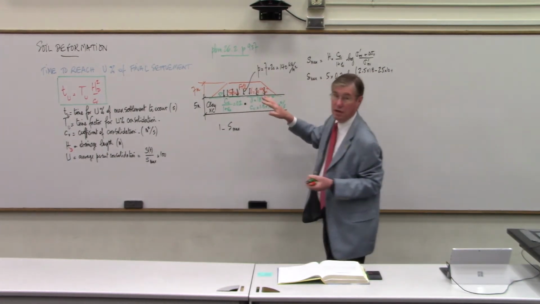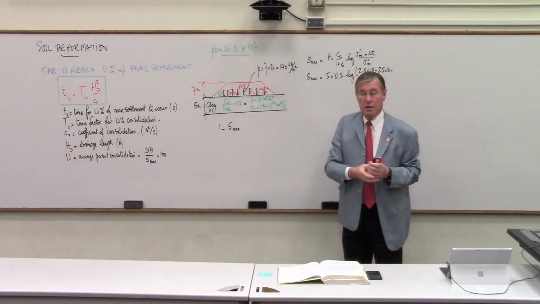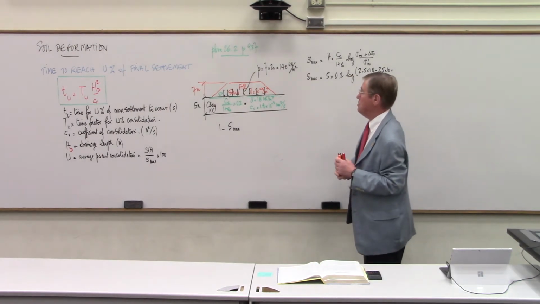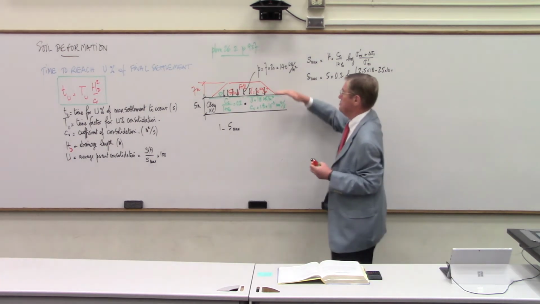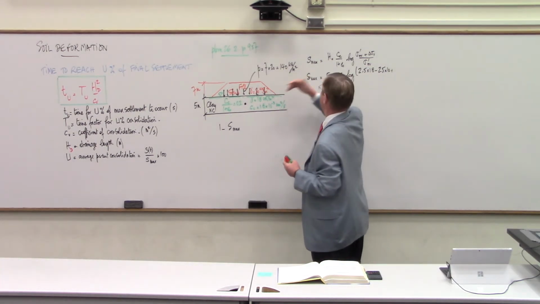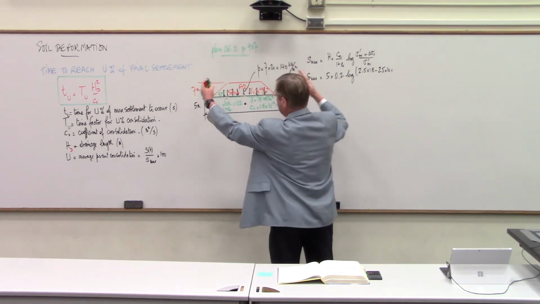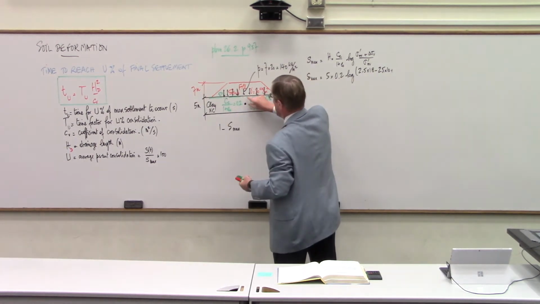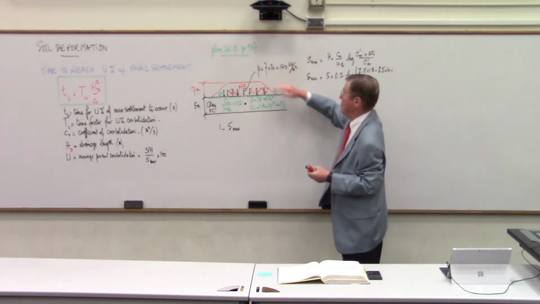Theoretically, at this point, we'd have to find delta sigma V according to the bulbs of pressure figure that I mentioned in a previous lecture. But to simplify, we're going to assume that the embankment is so large, the B is so large, that 2.5 meters below the embankment, we have the entire value of P.